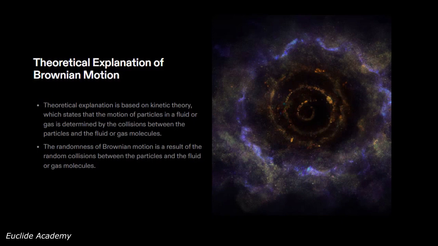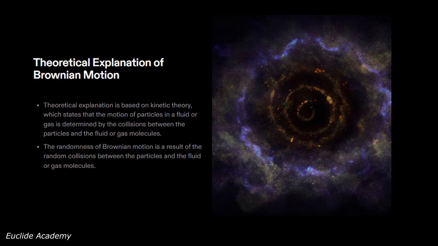It helps in a lot of scientific fields, from chemistry and biology to physics, and the theoretical explanation of Brownian motion is what we basically just talked about: that the particles in the fluid or the gas actually affect the motion of the particles in them.